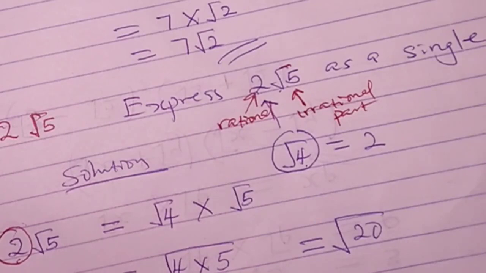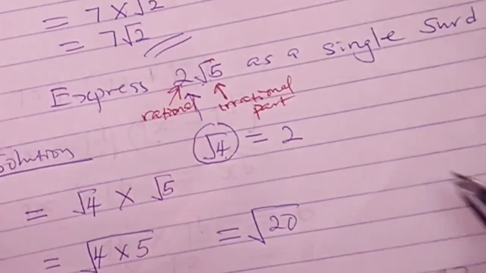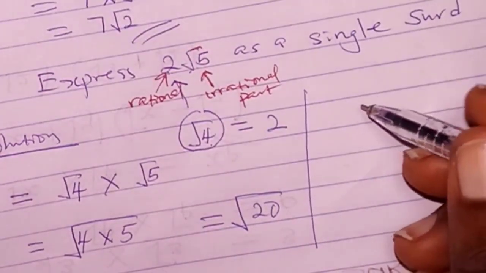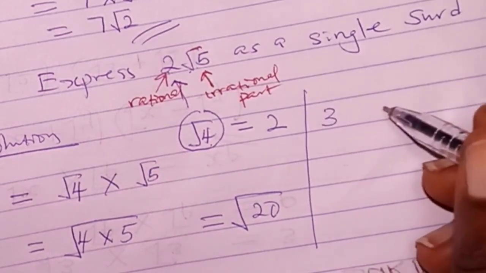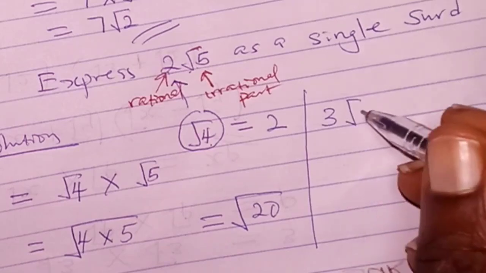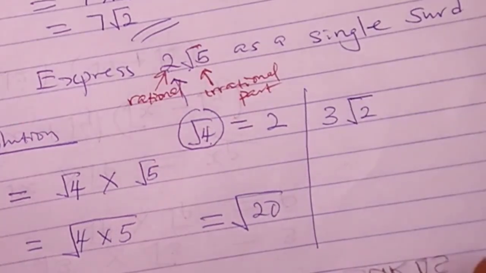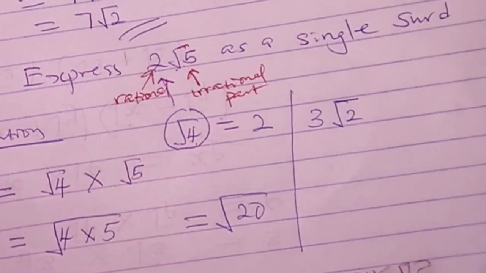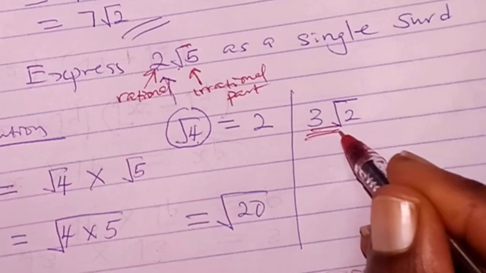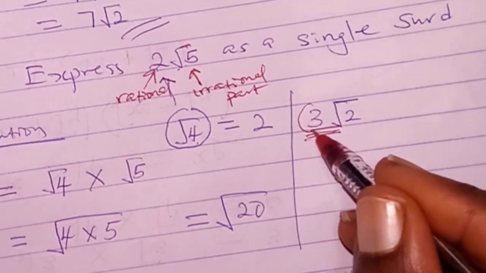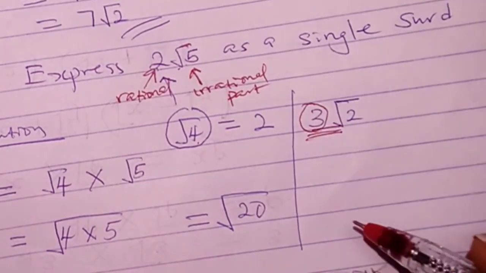Take for instance, you are given 3 root 2, and you're told to express 3 root 2 as a single surd. Look at the rational part, which is 3.